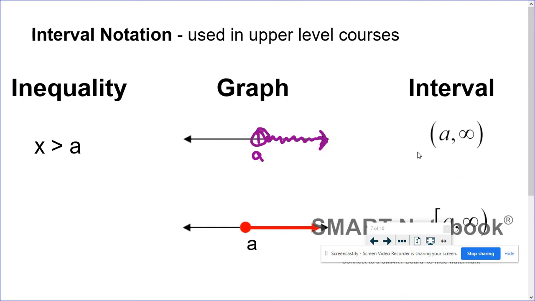The interval notation is a way that you can express what's happening in the graph. Every interval has two pieces to it, a left side and a right side. On the left side of the interval, we're talking about what part of the graph is shaded. So it's a on the left because it starts getting shaded at a. It's infinity on the right because it goes forever on the right.